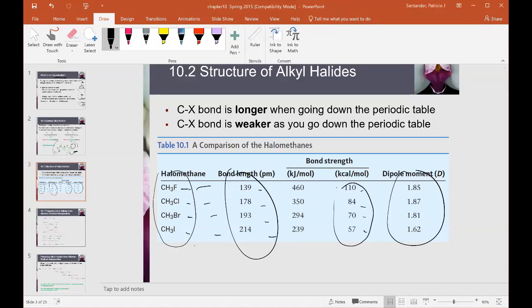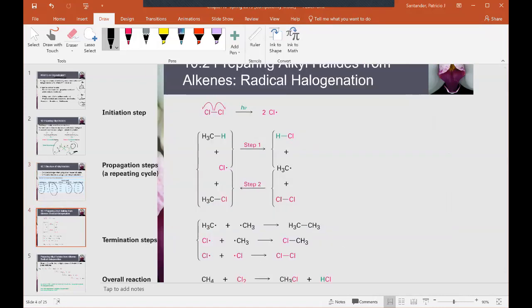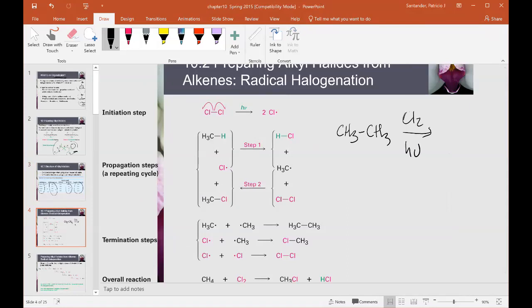So how can we make alkyl halides? Well, we have already learned one method way back in chapter 6 or 7. We learned that if you have, for instance, a molecule like ethane, CH3CH3, and you react that with chlorine in the presence of light, then you can get chlorination of this ethane, and you can form 1-chloroethane.